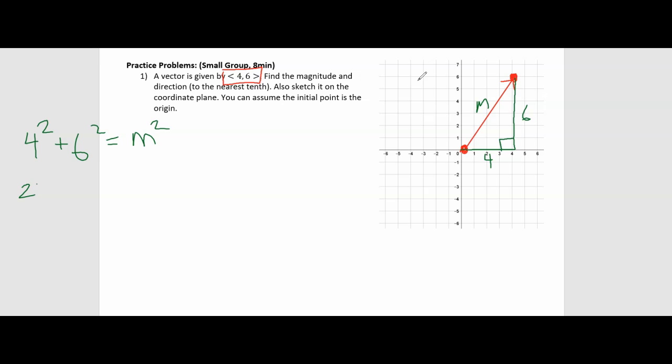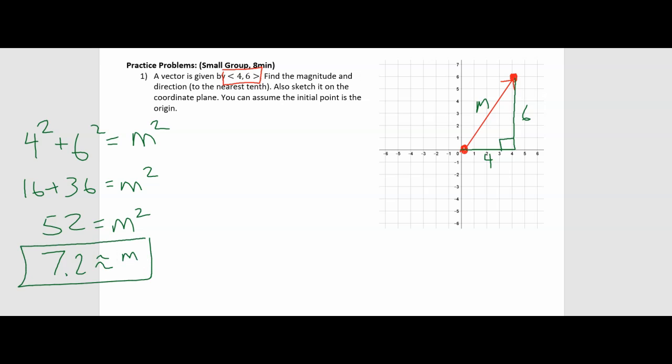So I get 16 plus 36 is equal to m squared. 52 is equal to m squared. I'm telling you, one of these videos, I'm going to get through it without having one of those lines jump out at me on the page. Square root of 52 is approximately 7. We're rounding to the nearest tenth, so 7.2.